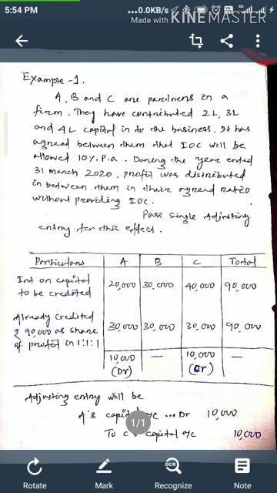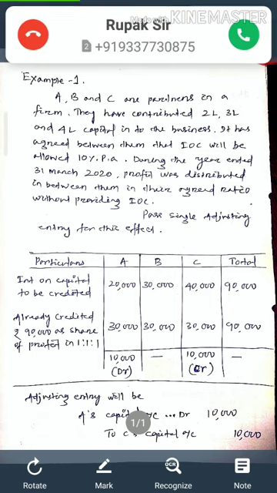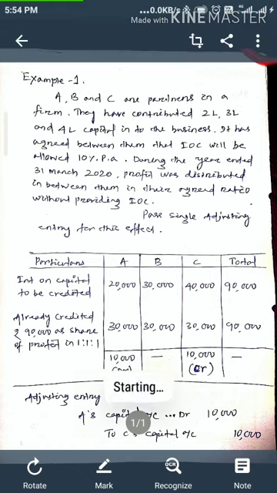That means whatever profit they earned during the year, they distributed without providing interest on capital. The agreed ratio is not mentioned in this question, so as per the provisions of the Act, if the partnership deed doesn't provide any ratio, then it is equal. So their ratio is equal.